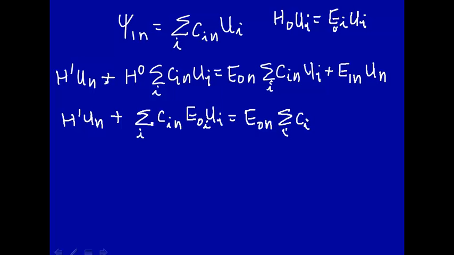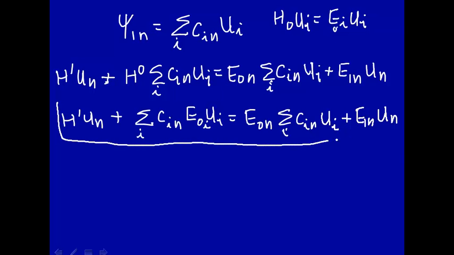This is just this term. I'm sorry, that's a u. We're expanding it in terms of the wave functions we know, plus the first order correction to the wave function times that un. All right, so that's a fairly important equation, and we'll come back to this a couple times.